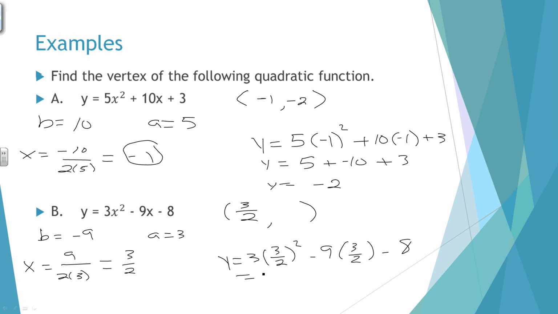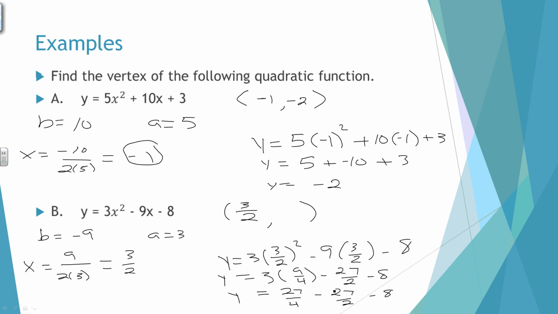So 3 halves squared is 9 fourths, and this would be one of your messier ones just because of the fractions. So we're going to have 27 over 4 minus 27 over 2 minus 8.